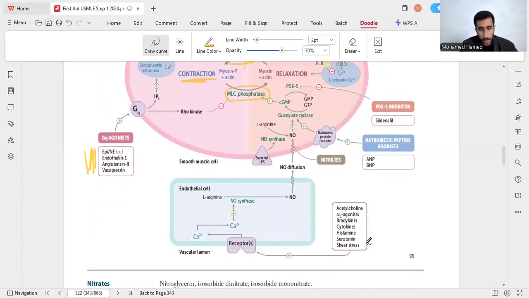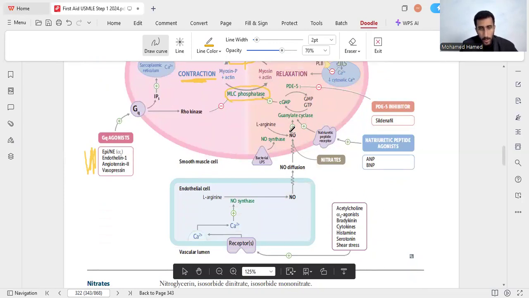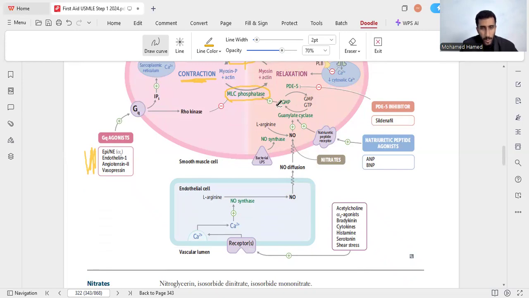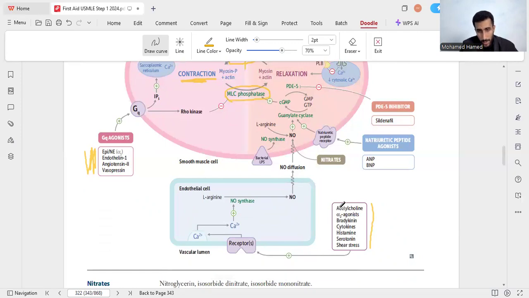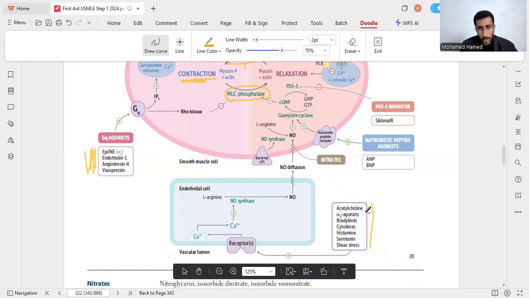The third is the drugs that act through nitric oxide. The nitric oxide also affects this core step. You remember the drugs that cause vasodilation will increase nitric oxide diffusion, like acetylcholine, alpha 2 agonists, parasympathetic stimulation, bradykinin, cytokines, histamine, all kinds of vasodilatory effects or relaxation.